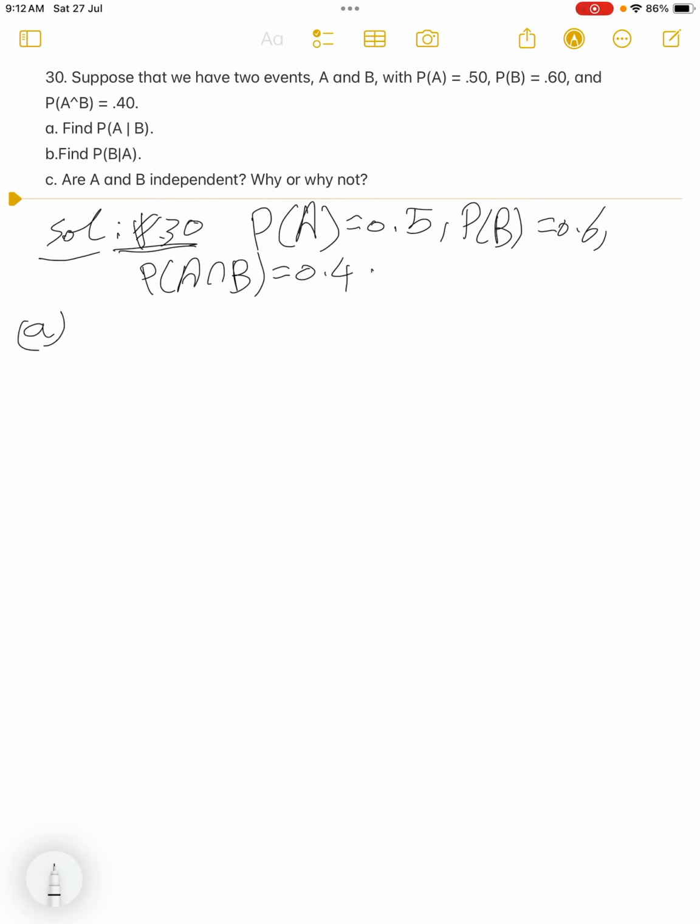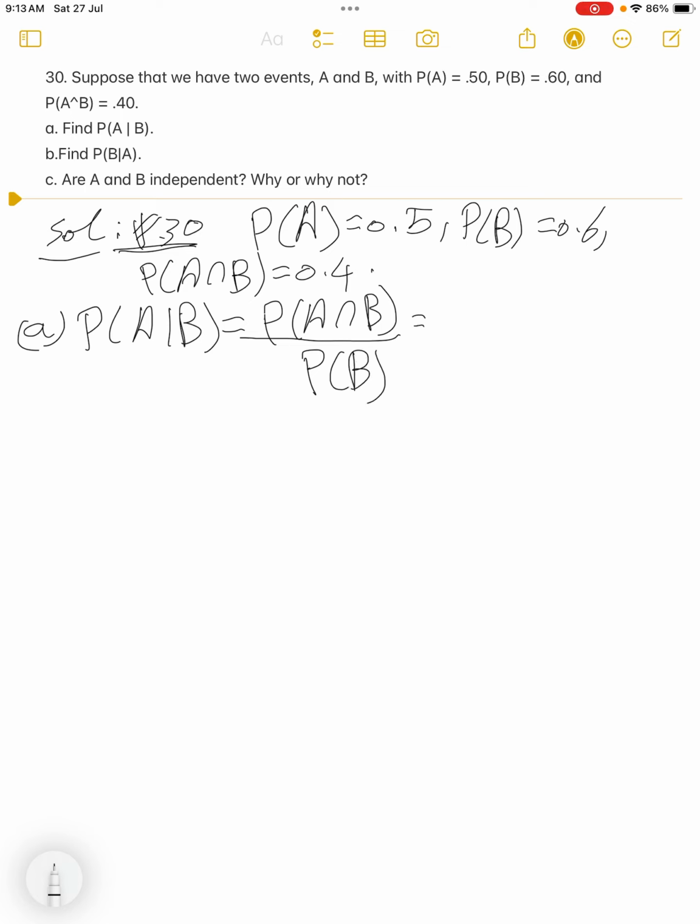A. Find the probability of A given B. You must write the formula, which is probability of A intersection B divided by probability of B, which is 0.4 divided by 0.6, which is 4/6, or 2/3.